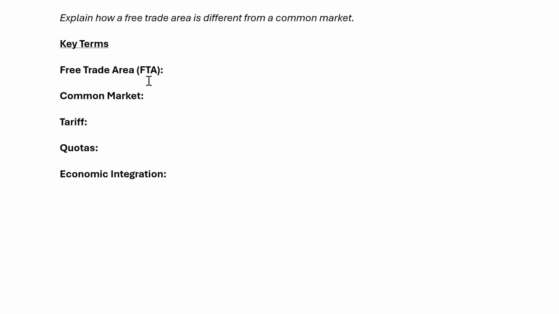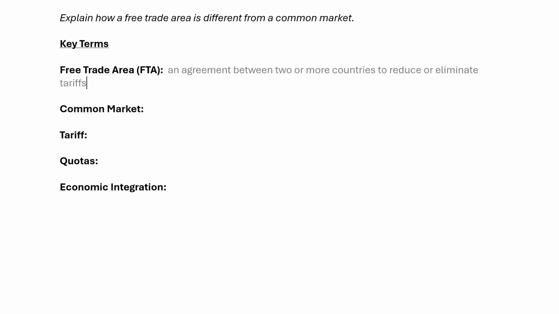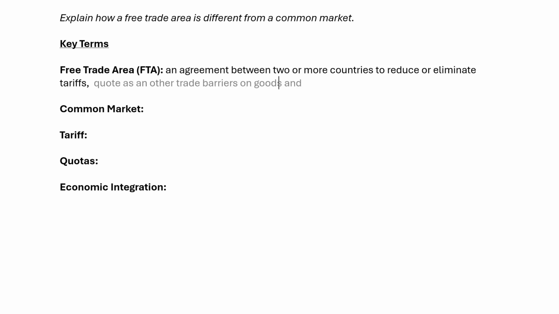So let's kick off with the first of these key terms, which is a free trade area. So what exactly is a free trade area, or an FTA? An agreement between 2 or more countries to reduce or eliminate tariffs, quotas, and other trade barriers on goods and services traded among member countries.